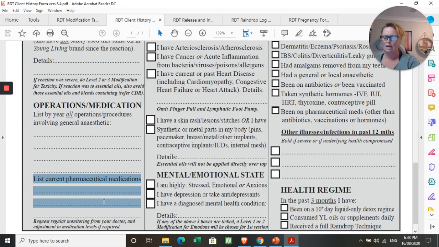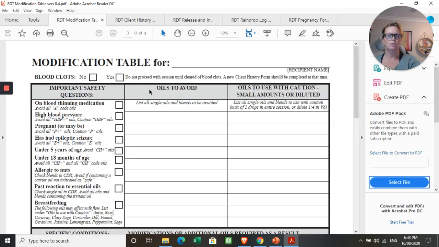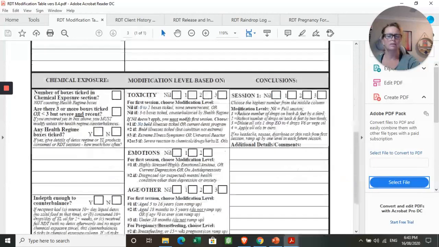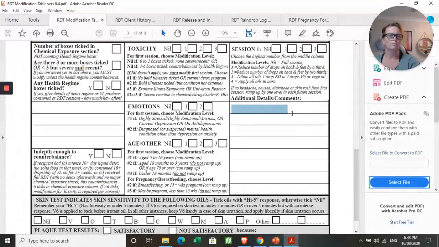And if they have, I want to see that you've noted it over here on the modification table, what it's for. So in the additional comments, you might want to put takes aspirin for blood thinning, takes Zoloft for depression, whatever they know. Sometimes you'll get a person who's got a list so long that they don't know what all of the drugs are for, but it's very rare. Most people know what they're taking all that sort of medication for. All right.